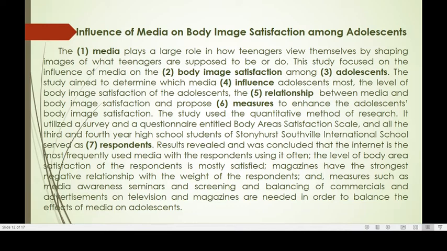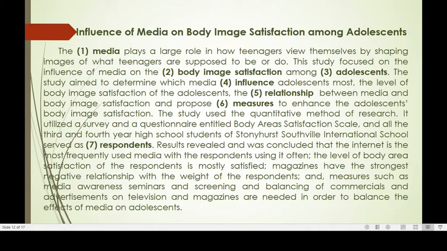The study aimed to determine which media, number 4, influence adolescents most, the level of body image satisfaction of the adolescents, the number 5, relationship between media and body image satisfaction, and propose number 6, measures to enhance the adolescent's body image satisfaction.